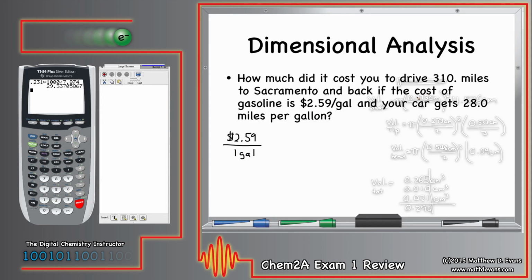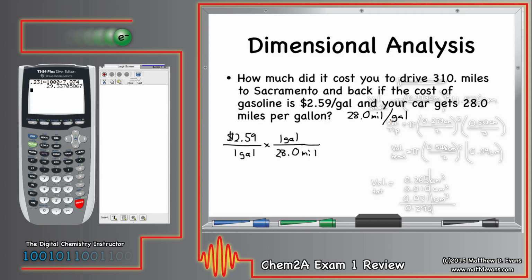And I drove, well, let's see, what else can we use here? So 28 miles per gallon. Remember, 28 miles per gallon is the same thing as 28 miles and then slash gallon. And with that value, I see that I need to put the 1 gallon on top here and then 28 miles on the bottom.